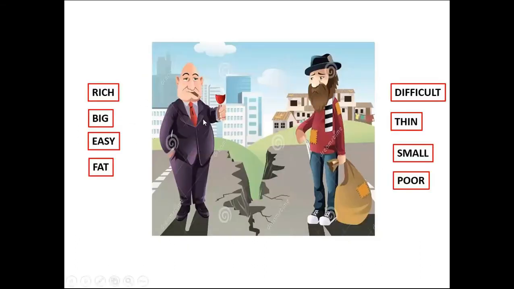You. Person number 1 and person number 2. This is a comparison. So in comparison, the person number 1 is rich, right? And the person number 2 is poor, right?